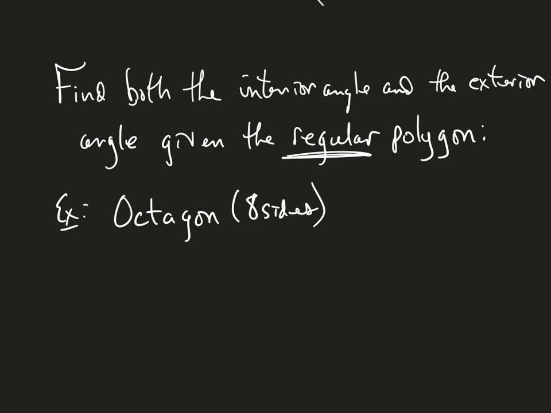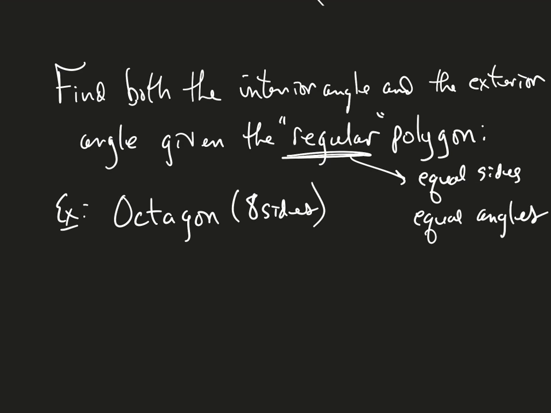Now what I really need you to remember is what the word regular means in terms of polygons. And what it means is that we have a polygon where all of the sides are equal and all of the angles are equal. So regular means both equal sides and equal angles.